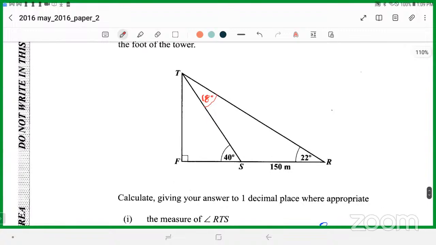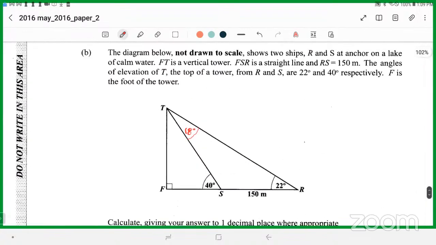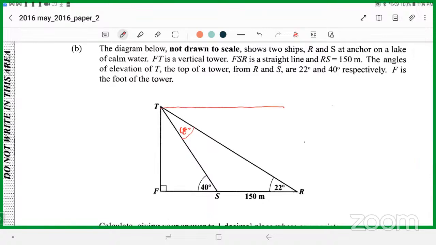All right. I'm sure another way to know it's 18: suppose I put in a horizontal here that is parallel to this. Let me show you quickly. Then if I use Z angles, bam, bam, bam, all of this will be 40, right?